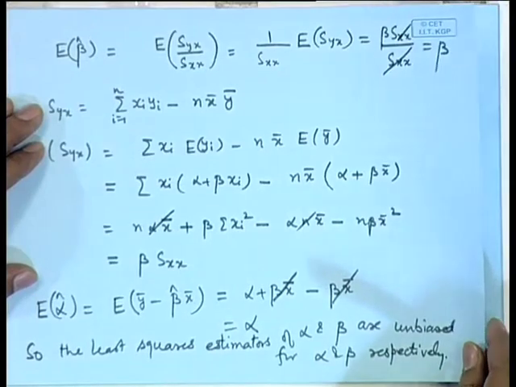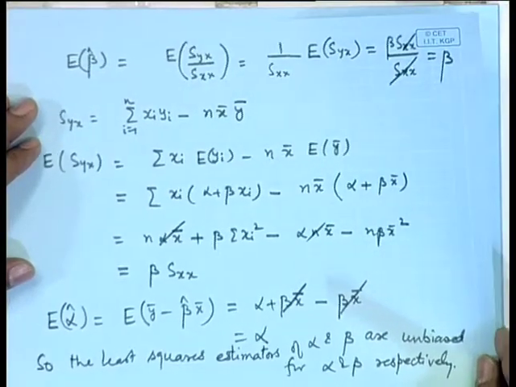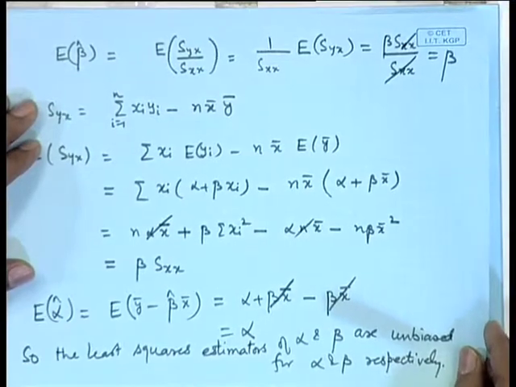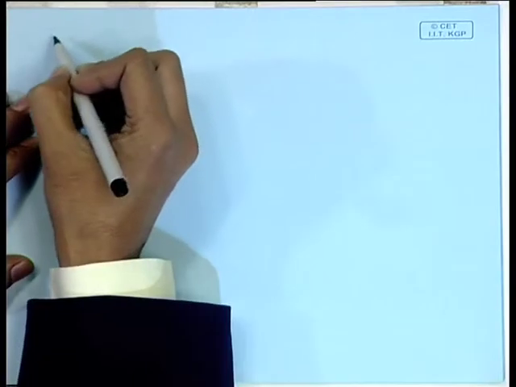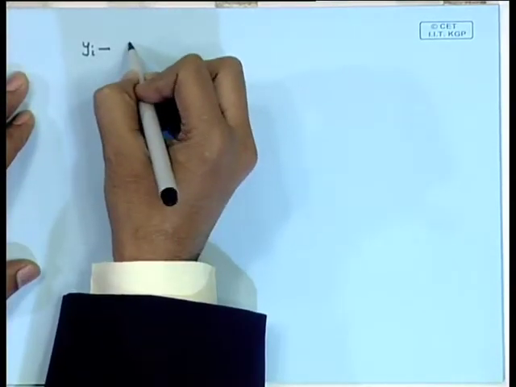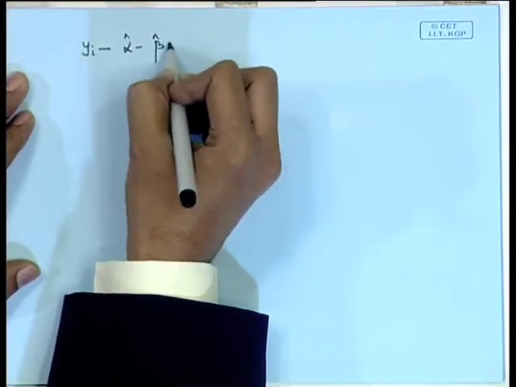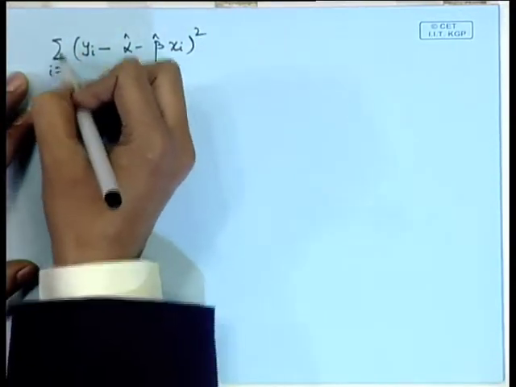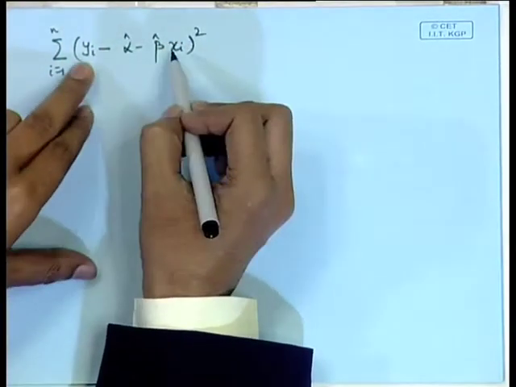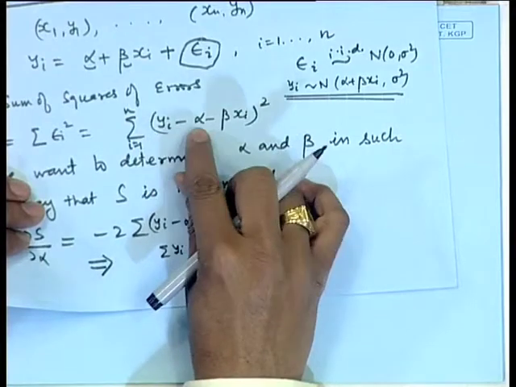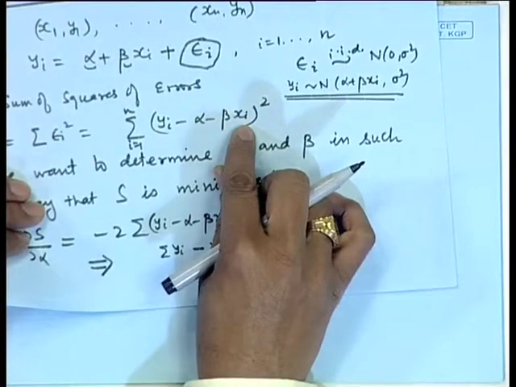We may also consider, after substitution, an estimate for sigma square in this model. We may put sigma of (y_i minus alpha hat minus beta hat x_i) whole square. What is this term? Our initial error sum of squares was y_i minus alpha minus beta x_i.